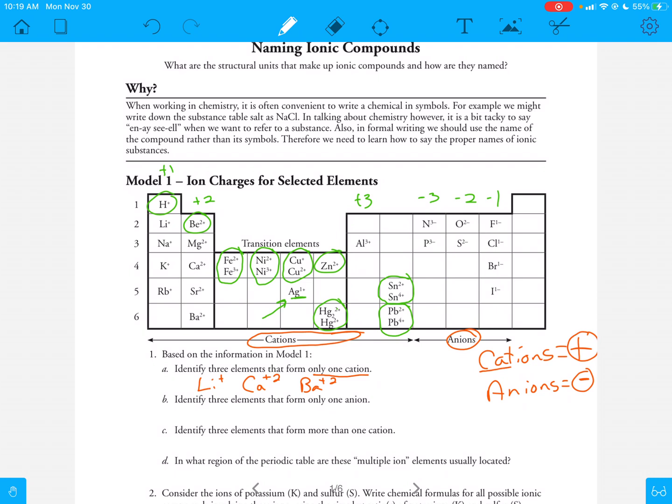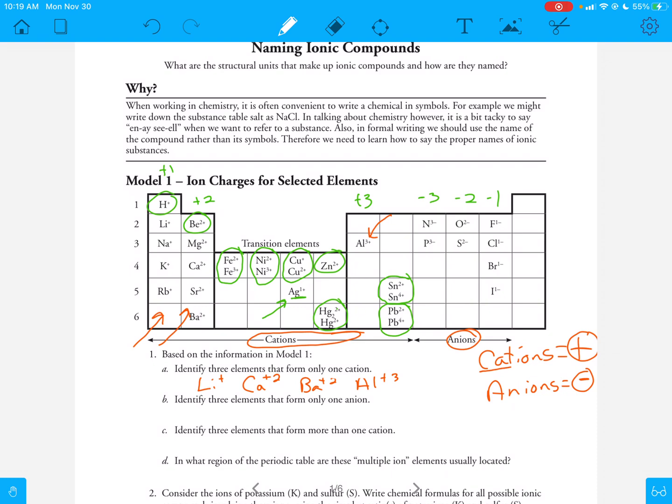You could do any of these, even aluminum, which is a +3 charge. You just need to put down 3 elements that only form one type of cation.